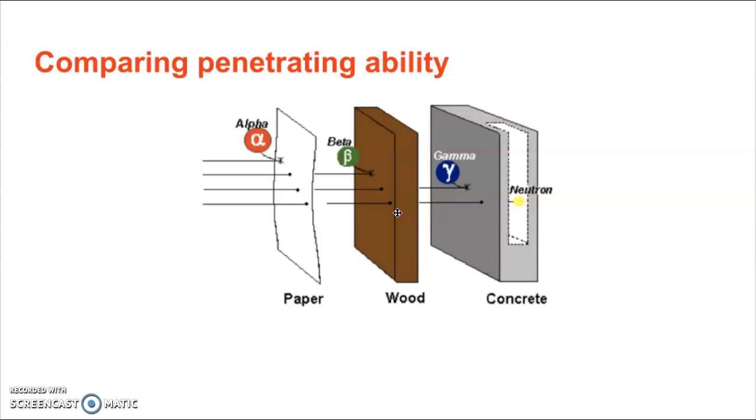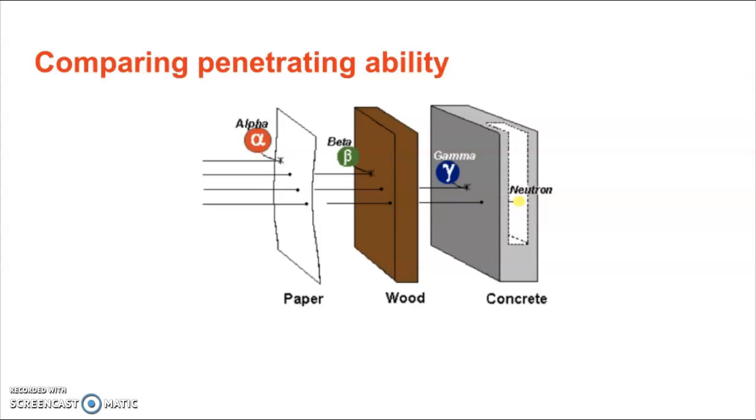It's going to be stopped by the wood here. My gamma particle here can go through everything. It can only be stopped by something like concrete or lead, okay? And it's comparing it all to a neutron, which continues to go through, right? So in terms of penetrating ability, gamma can penetrate the most, and because of that, it is extremely dangerous, okay?